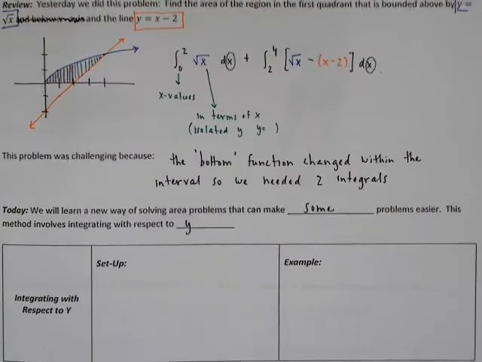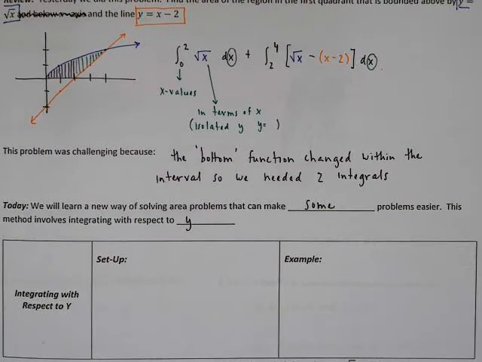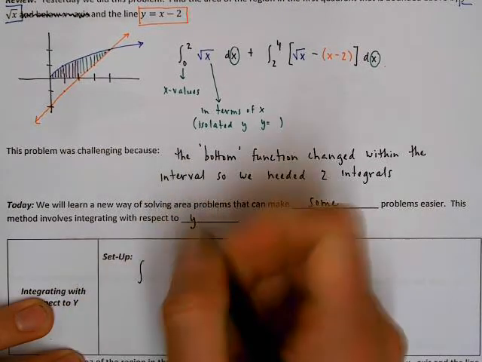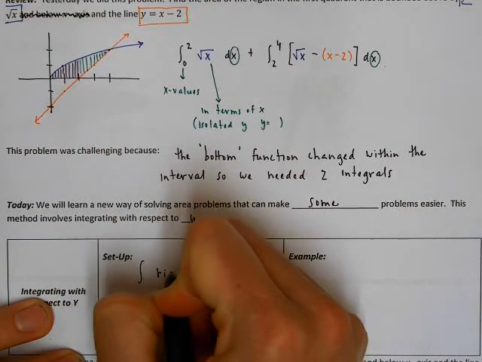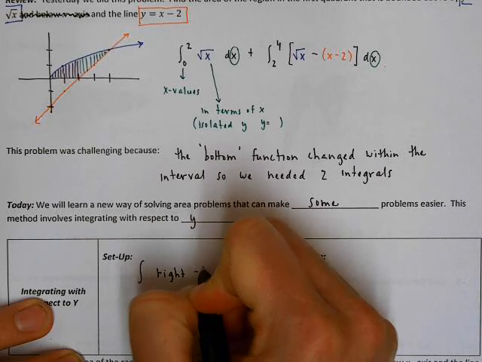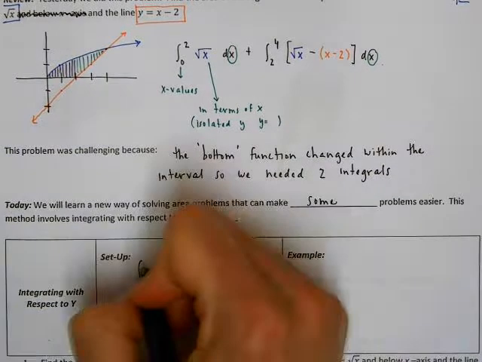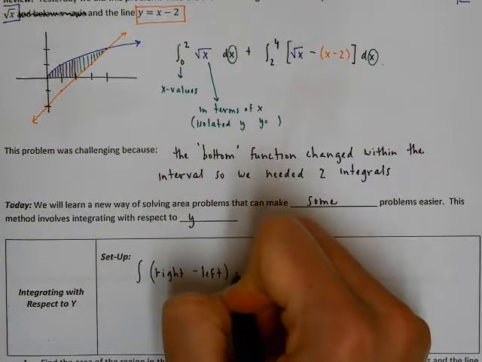So this is how it's going to look. Instead of thinking top minus bottom, now we're going to be integrating right minus left. And our integral is going to be dy.